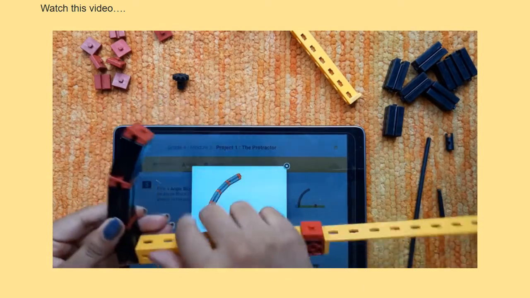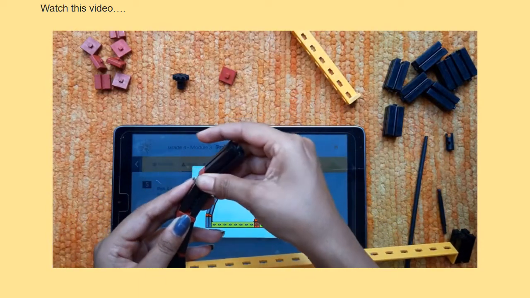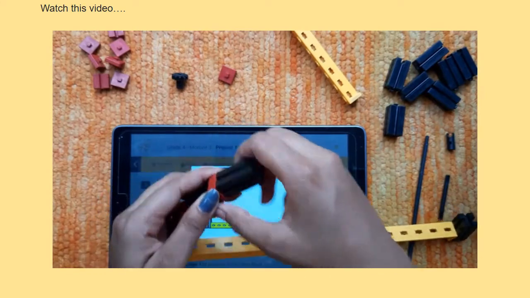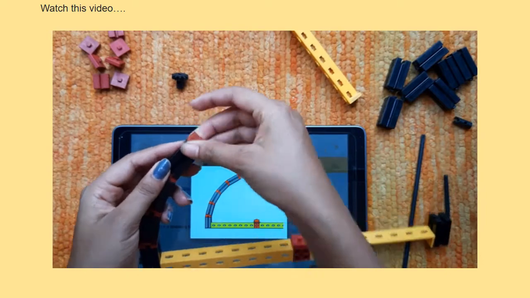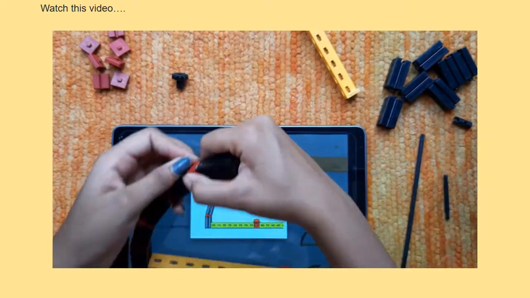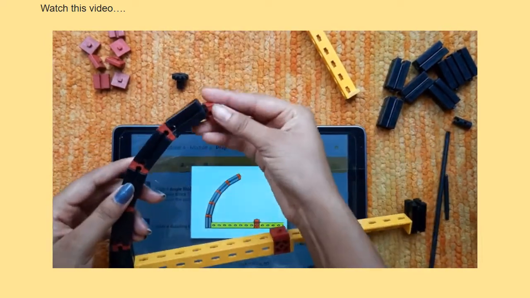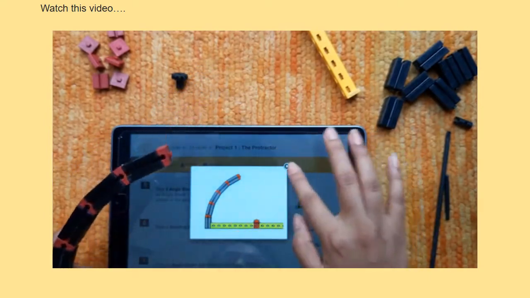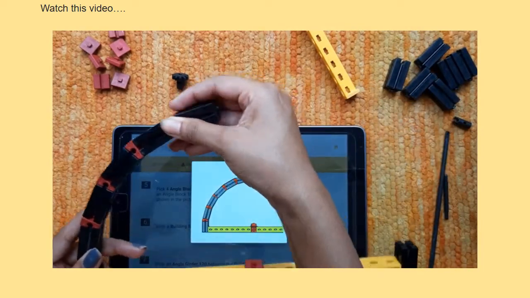These angle blocks help the protractor to give the shape of a circle, as you can see. Next step is slide a building block 30 onto the above assembly.